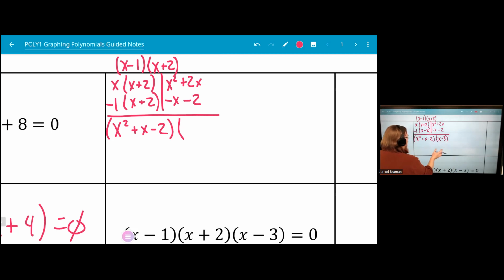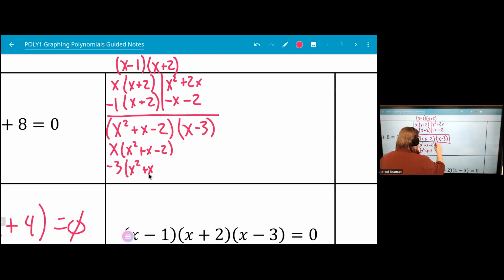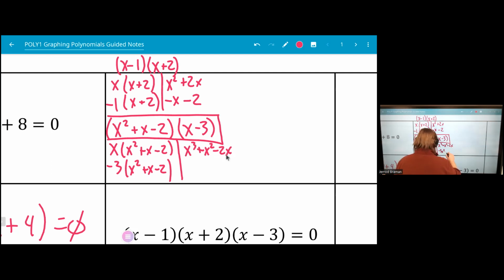And if I do that, I'll do the distributive method again. I'll do it a little bit differently. I'll do x and -3 times x squared plus x minus 2. My top one, I have x cubed plus x squared minus 2x, and -3x squared minus 3x plus 6.